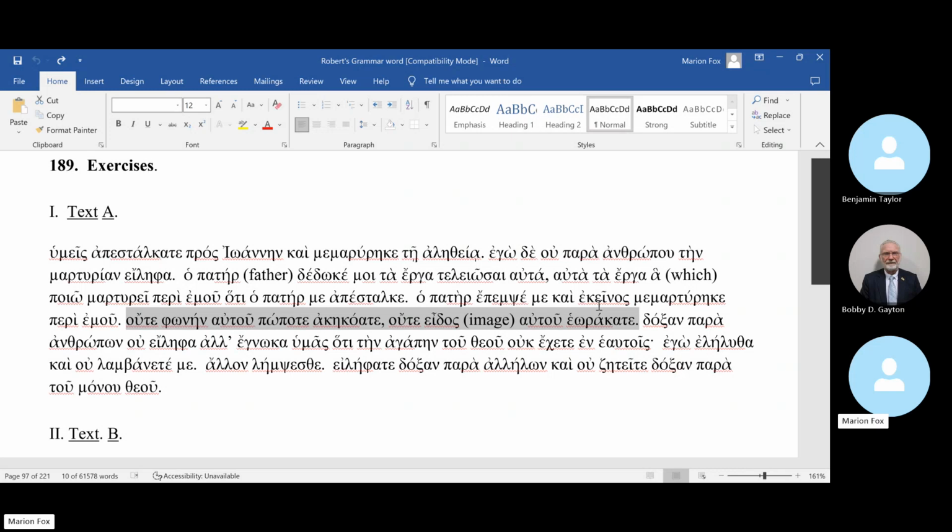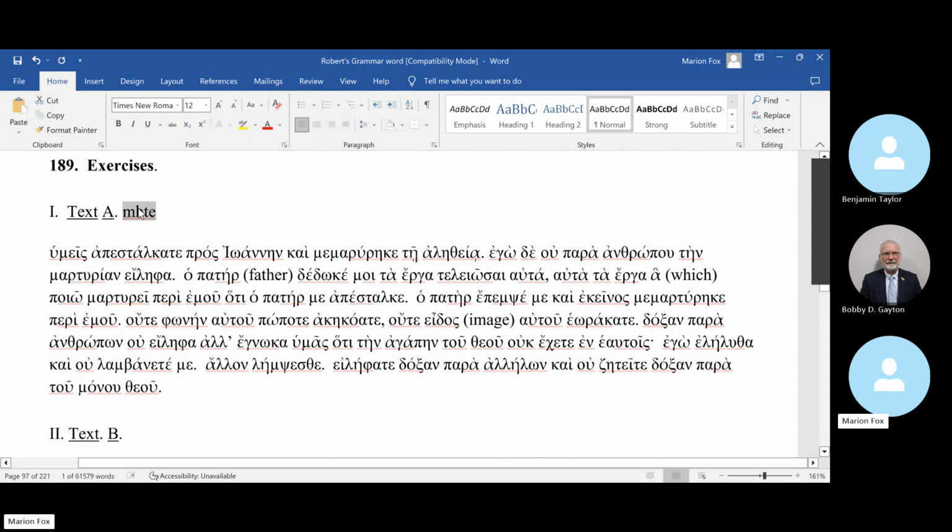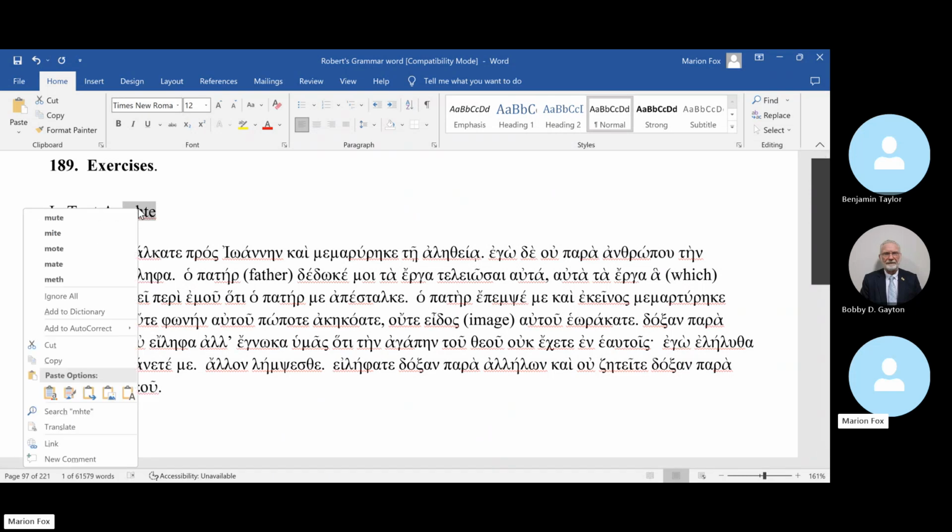Okay. So I want you to notice here we have oute, and then we have another form that is mete. And I'm going to type it again up here. Mete. And so we change that into Greek font.